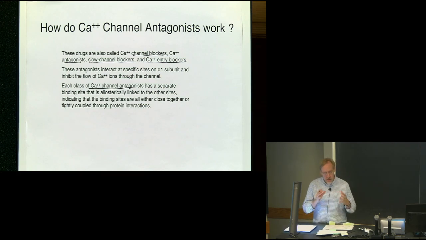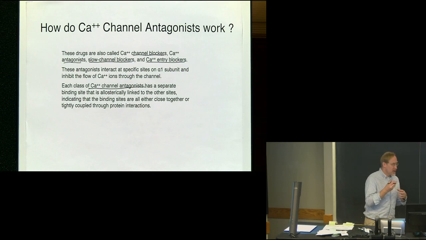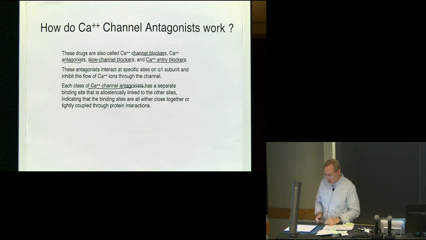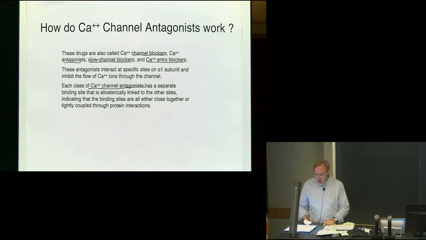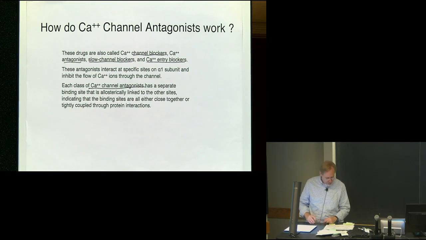But because this whole protein undergoes these conformations between the resting, the open, and the inactivated state, binding at one site can impact the function at another site, because you're kind of blocking the motion of that protein. So they're allosterically linked. Sometimes it means they're close together. Sometimes it just means that they're coupled through these protein motions.